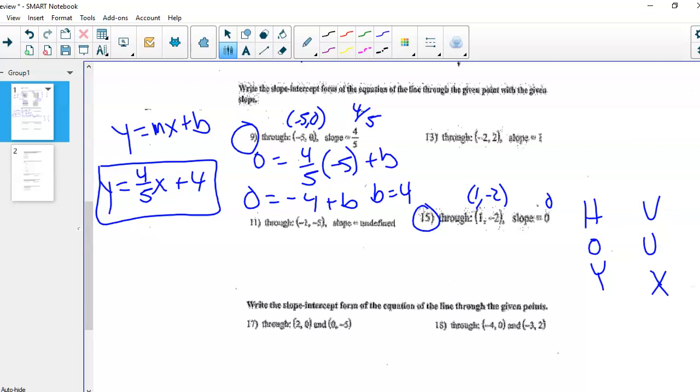Is that going to be x equals or y equals? It's going to be y equals. So remember that these two tell you if it's 0 or undefined. So it's going to be a y equals. Well, what does y equal in your ordered pair? Negative 2. That's it. That was slight work.